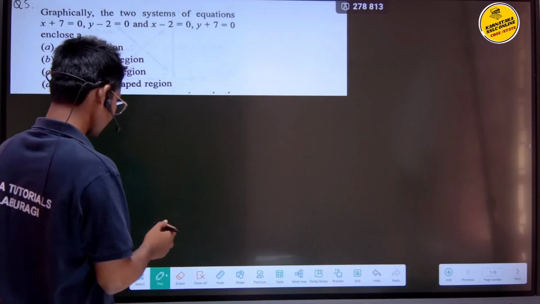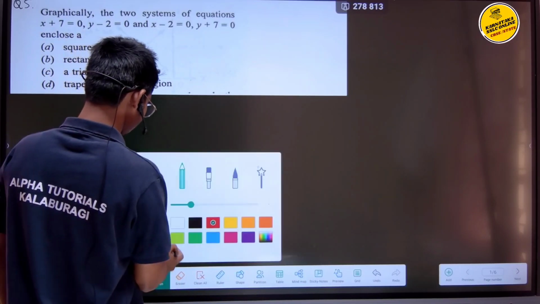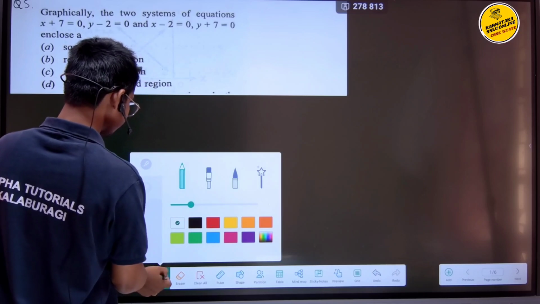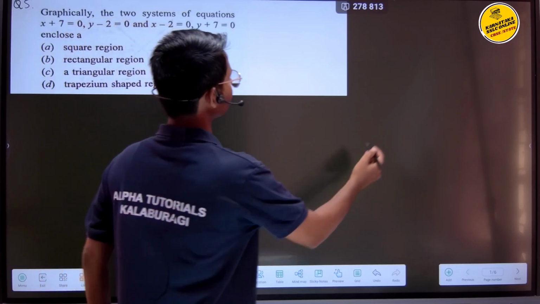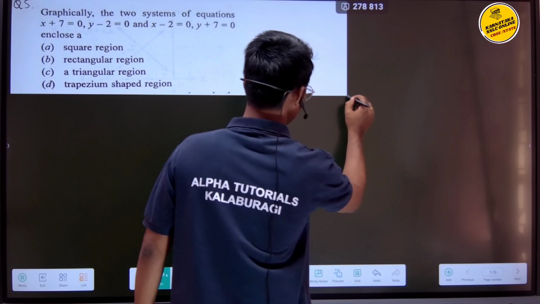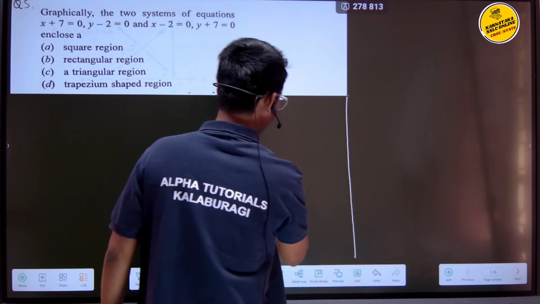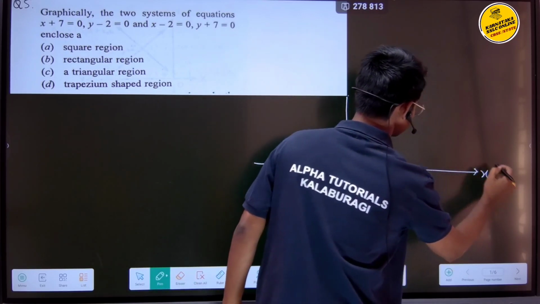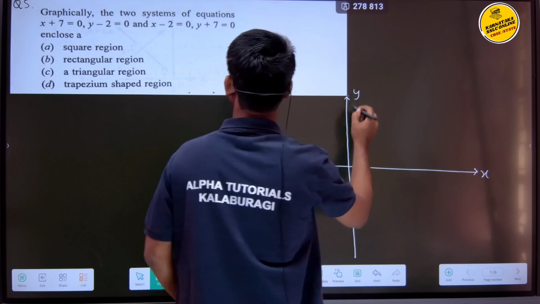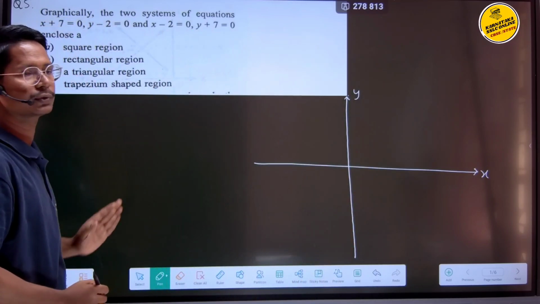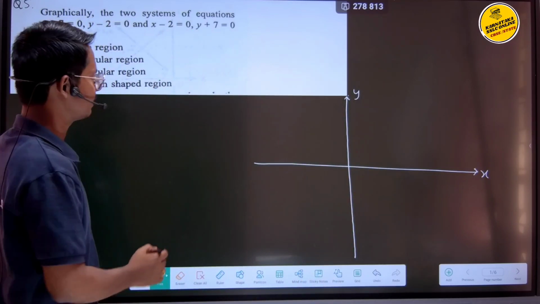Graphically, if I plot using x and y, x plus 7 equal to 0 is nothing but x equal to minus 7, isn't it?